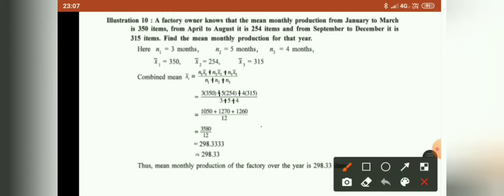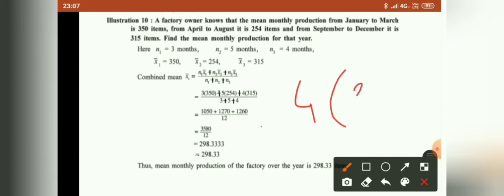Second, n2 is 5 and x bar 2 is 254, so 5 into 254. Third is 4 into 315.